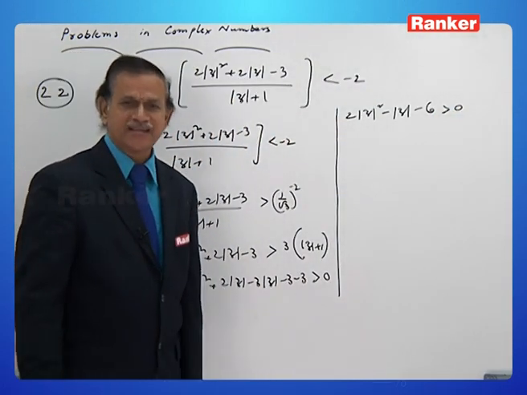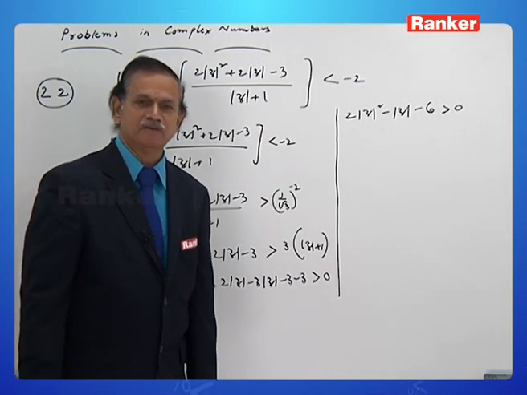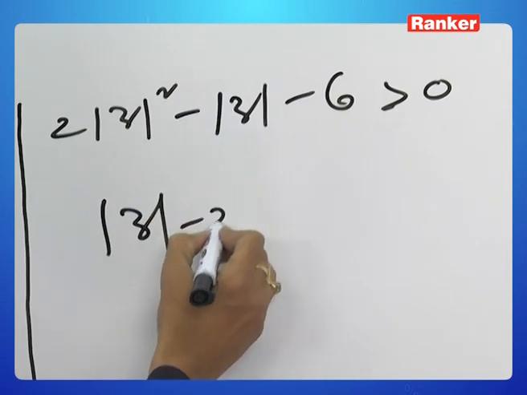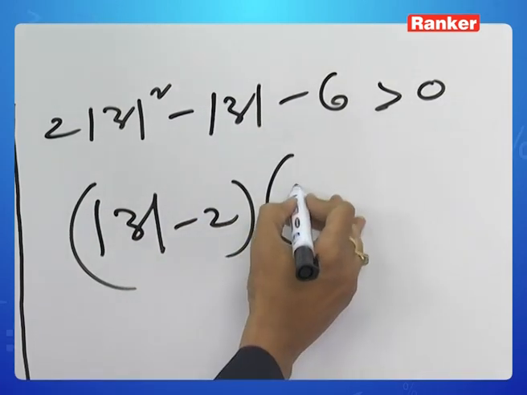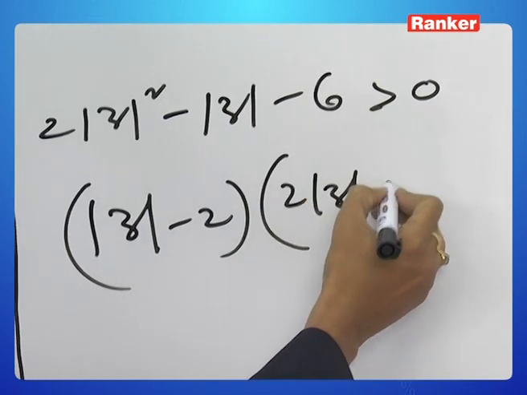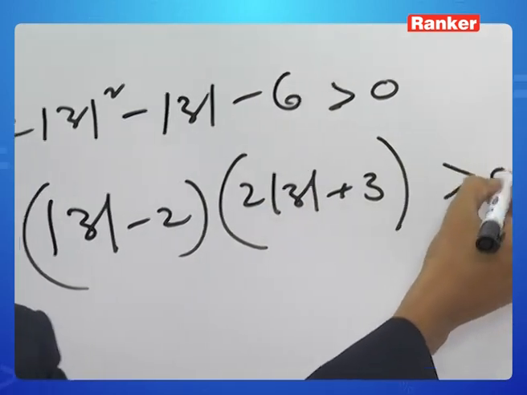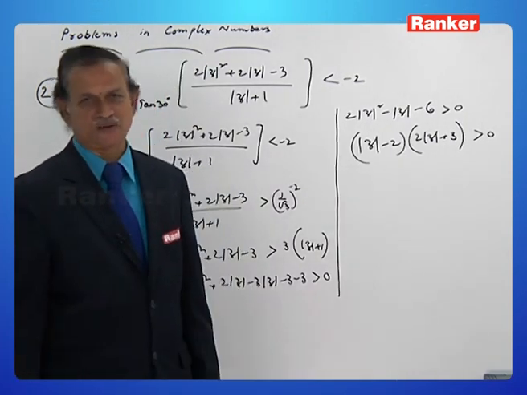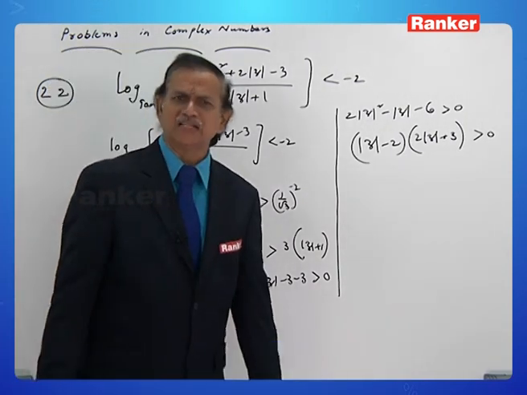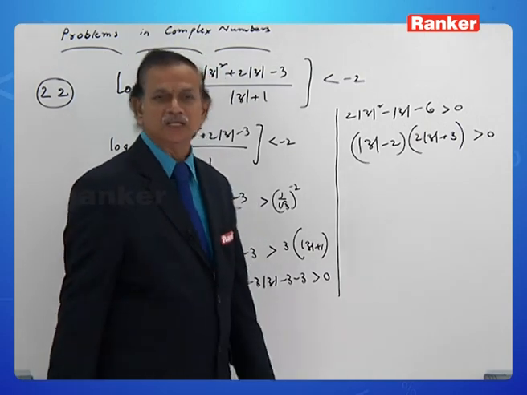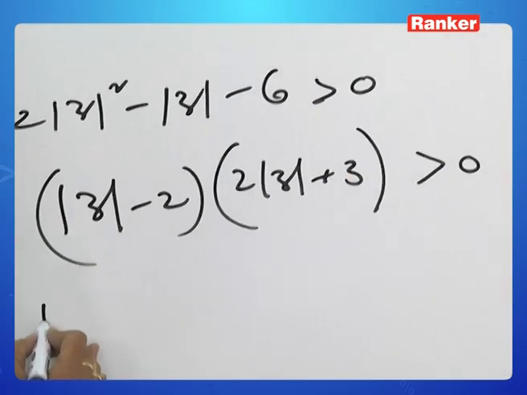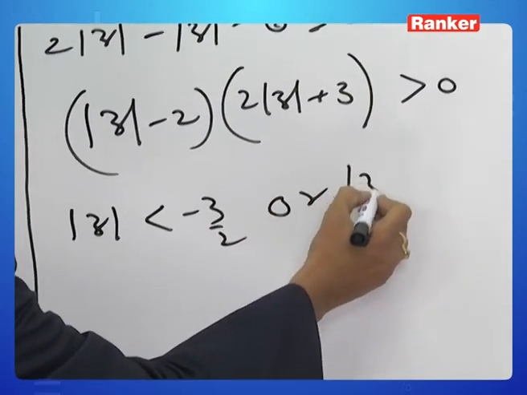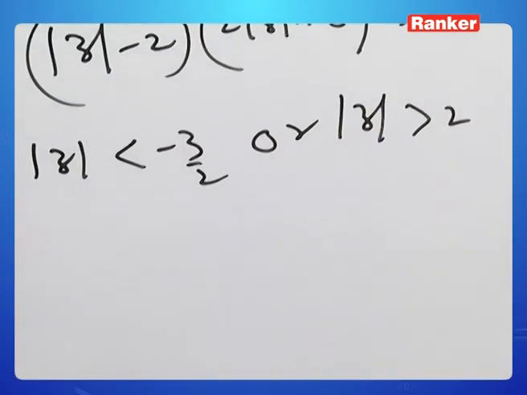It is very simple. It can be factorized. The factors will be (mod z minus 2) into (2 mod z plus 3) greater than 0. From the knowledge of quadratic expressions, or even if you apply the scheme of signs, you say that mod z is either less than minus 3 by 2 or mod z is greater than 2.